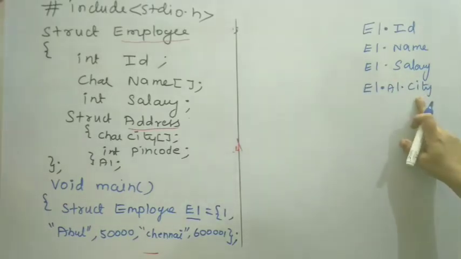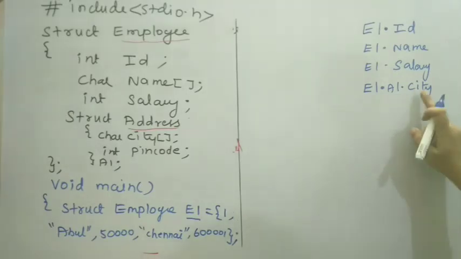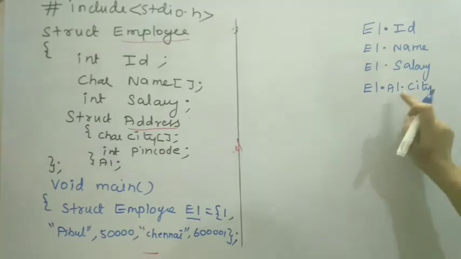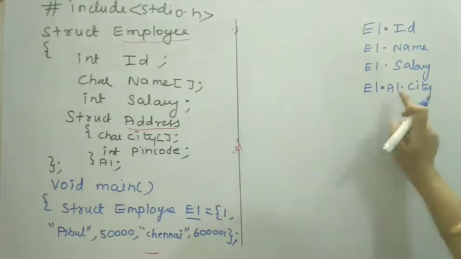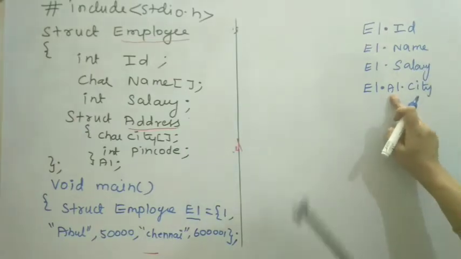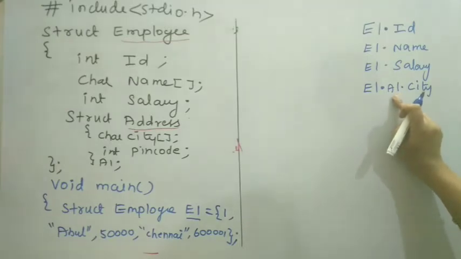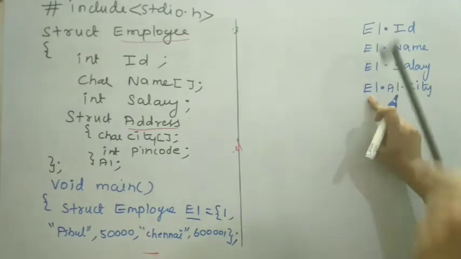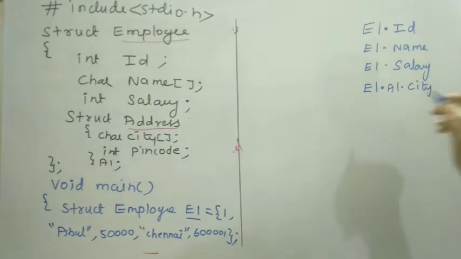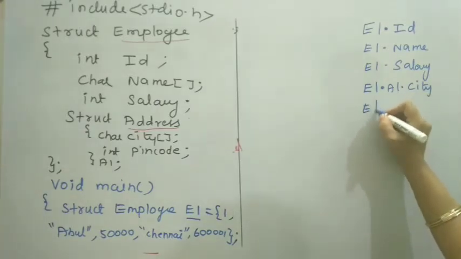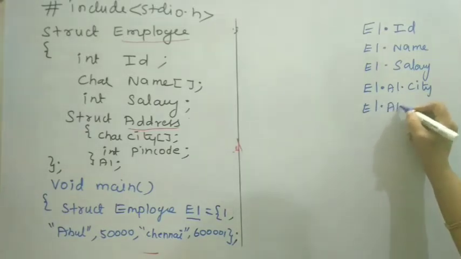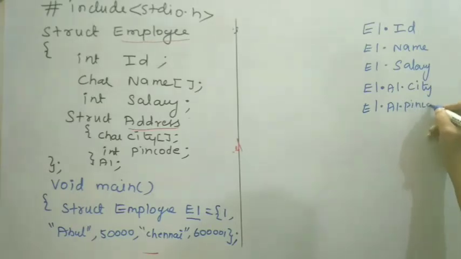City is a data member of the structure address, so to access city I need the structure variable of address, that is A1. A1 is a data member of the structure employee, so to access A1, I need the structure variable of employee, which is E1. And then to access pin code, E1.A1.pincode.